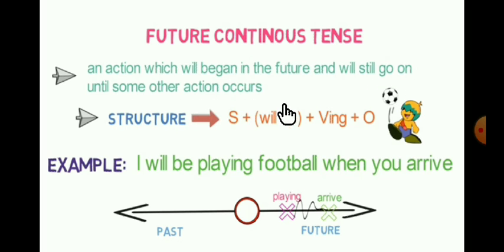The action which is going to take place in the future will go on as it is until some other action takes place or occurs. So this is the action timeline of the future continuous tense. It is a future incomplete action, you can see according to the table. Here we have the sentence structure: subject plus will be plus verb in the form of ing plus object. It is the main structure of the future continuous tense. Understood?